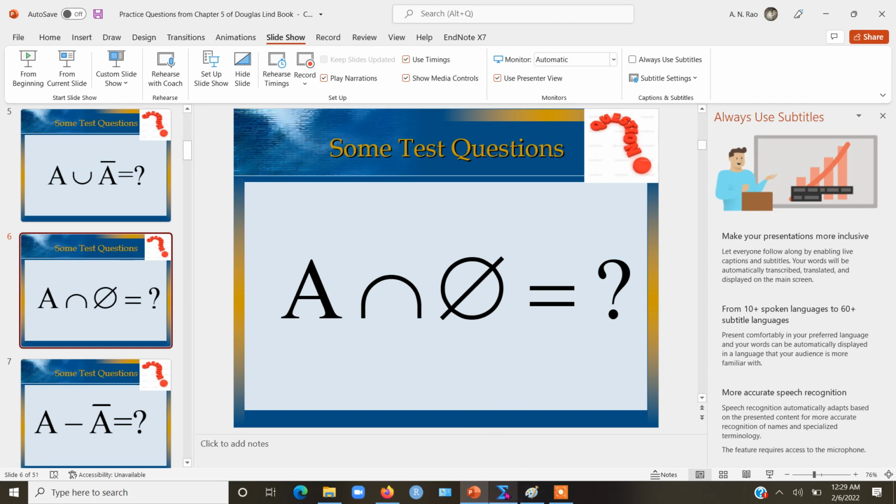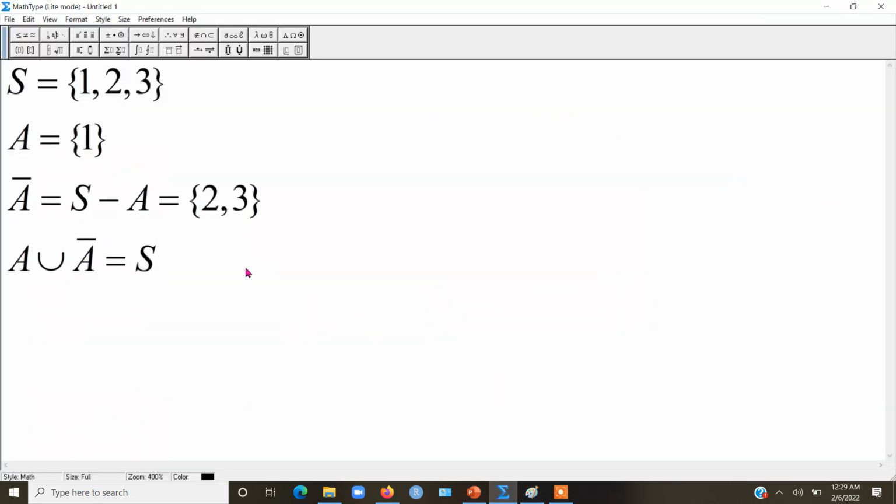For example, if there is another set B and it is empty, and I take the intersection of A with the empty set, which I have written here as B, what's the common point between this empty set and event A?